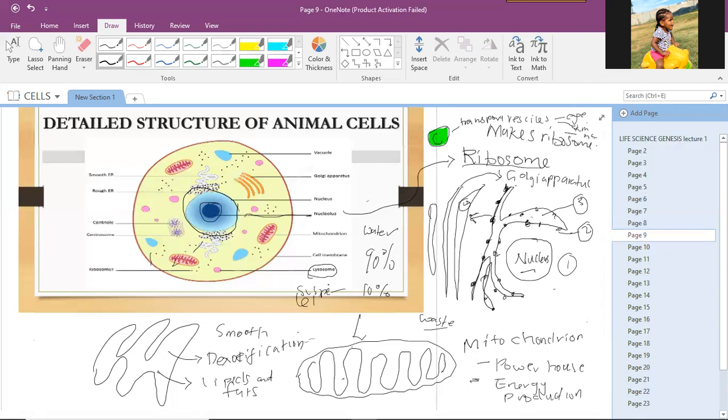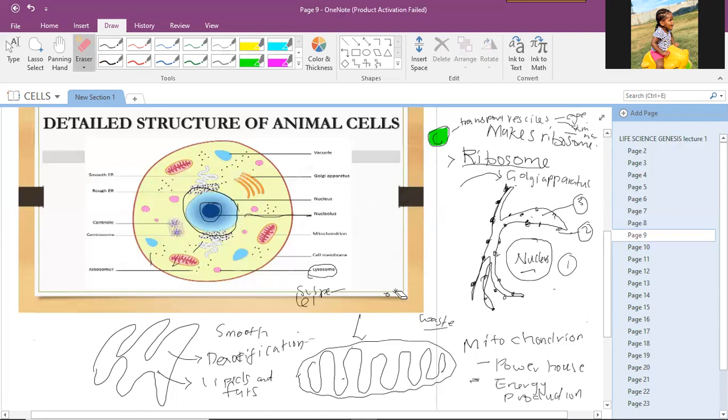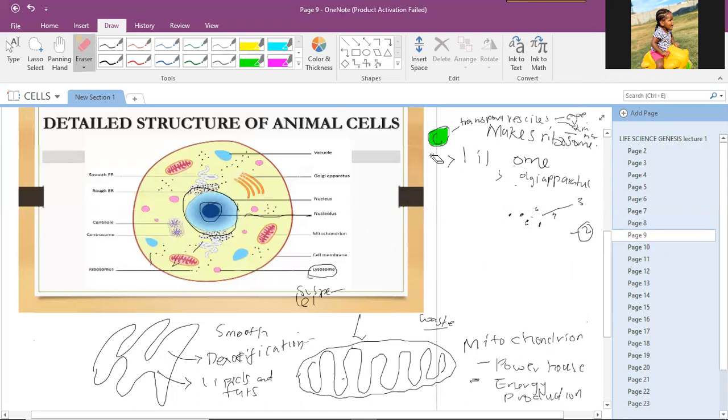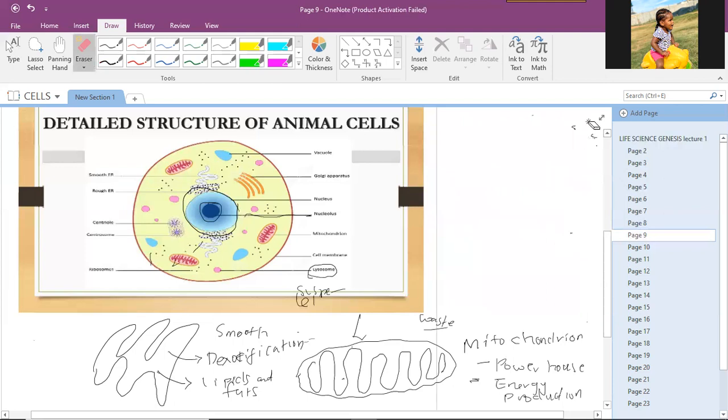So that's the function of the lysosome. Oh, there is one more very important structure, the cell membrane. The cell membrane, extremely important cell structure.